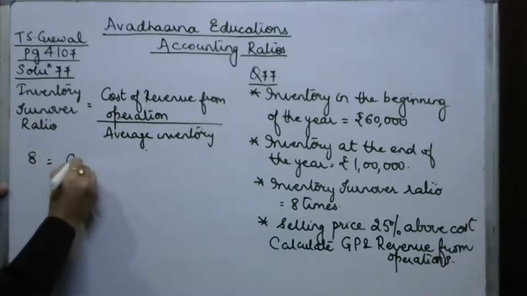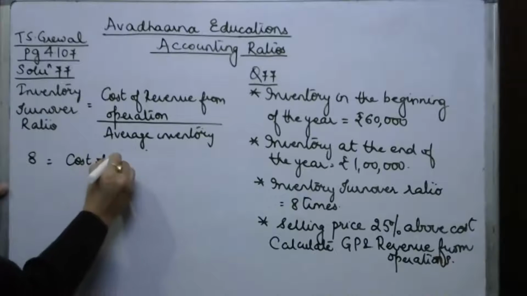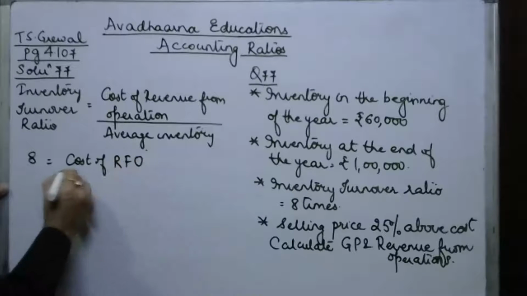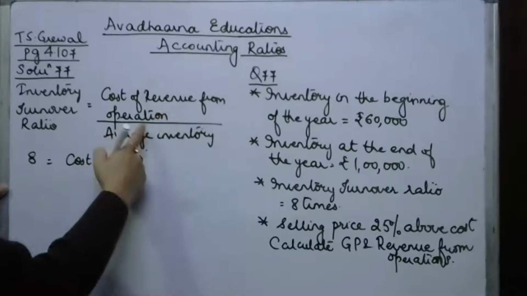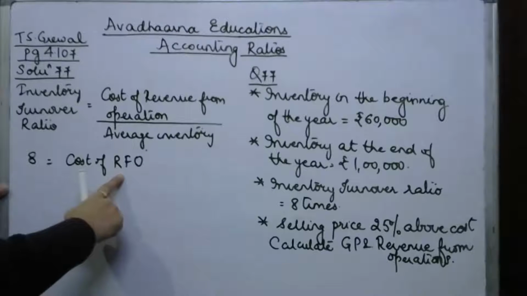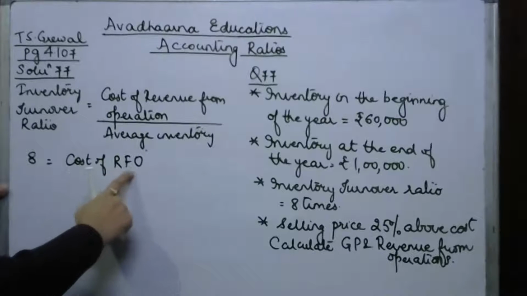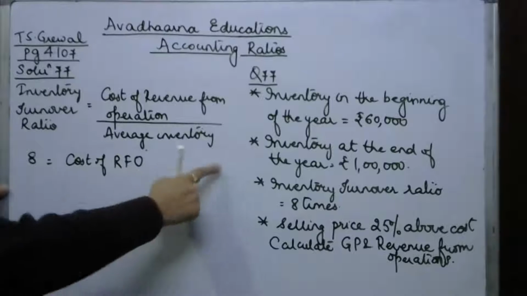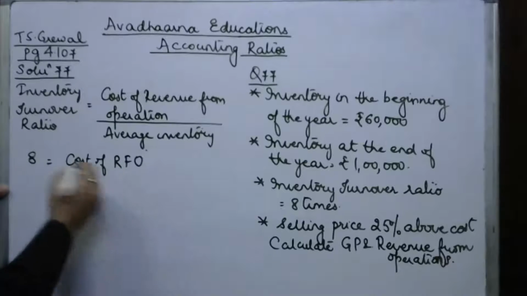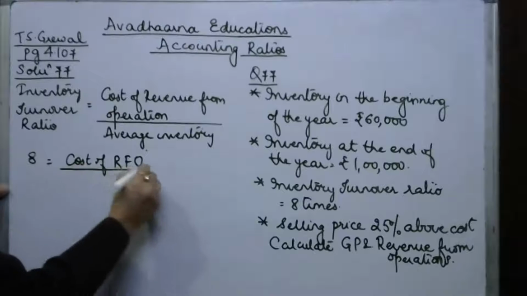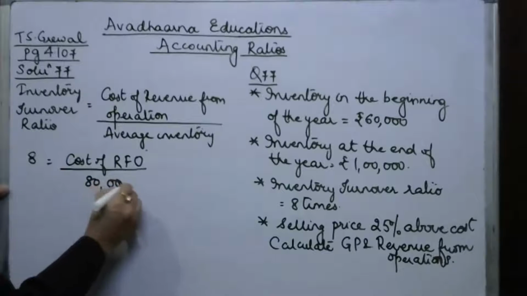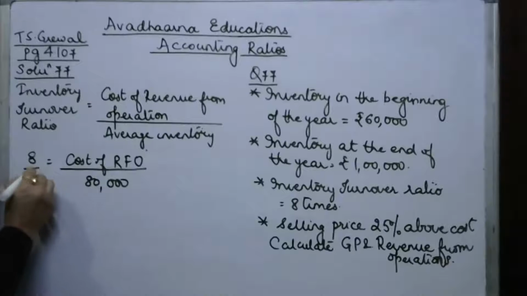It is equal to cost of revenue from operation, RFO. We can use this abbreviation RFO for revenue from operations, but don't use it in the examination. It's just that we are using it because of paucity of space on the board. So cost of revenue from operation upon average inventory, we had calculated 80,000. Fine. So let's say it's 8 upon 1.